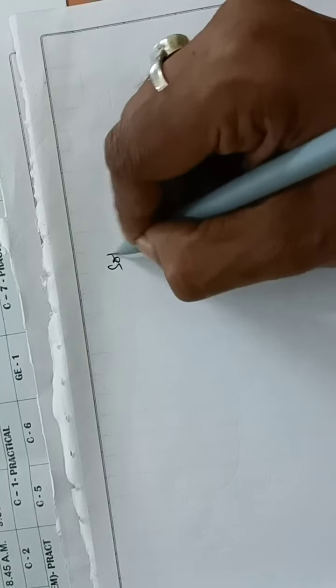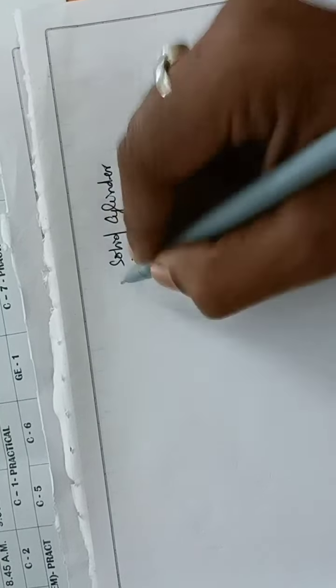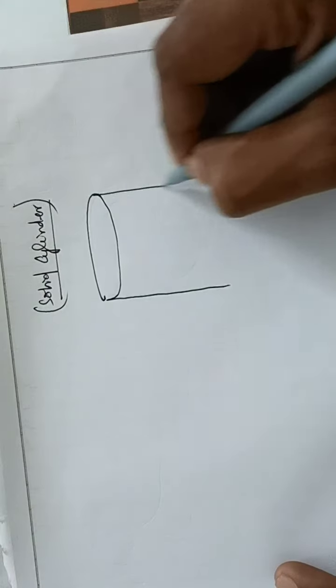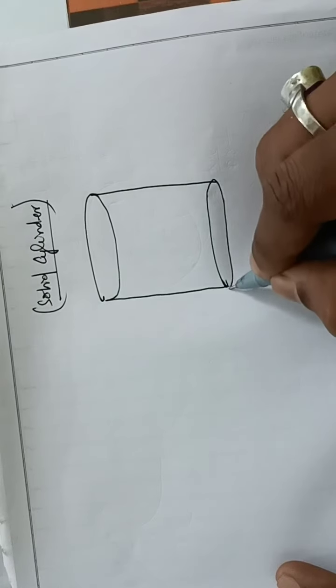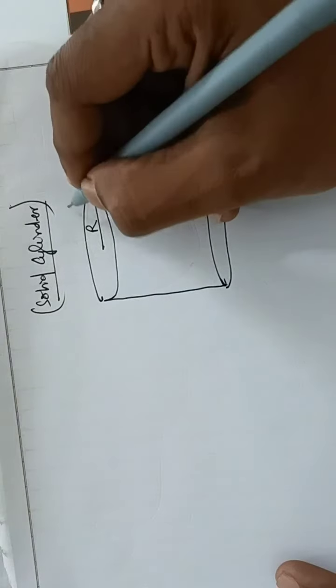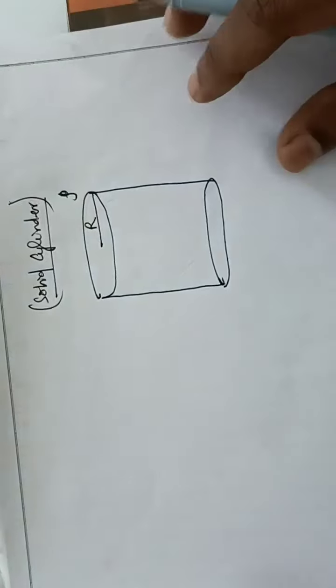Let's go for more applications, the solid cylinder. This is a non-conducting solid cylinder we are looking at. I will construct a solid cylinder with radius R, having volume bound charge density rho. The total charge is q, uniformly distributed with volume bound charge density rho.